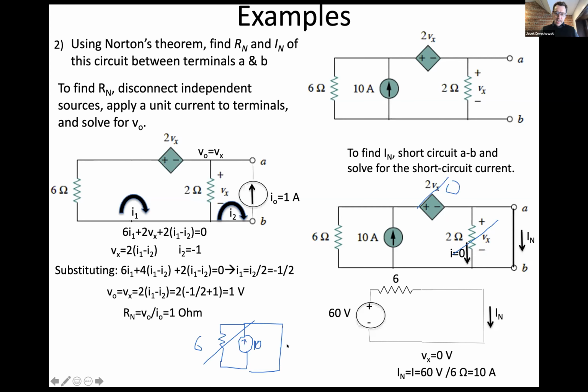And therefore IN is equal to 10 amps. So that's probably a more rational way of noting that all of this 10 amp current will take the outside path, right? Because Vx is 0, which makes 2Vx equal to 0. All right.